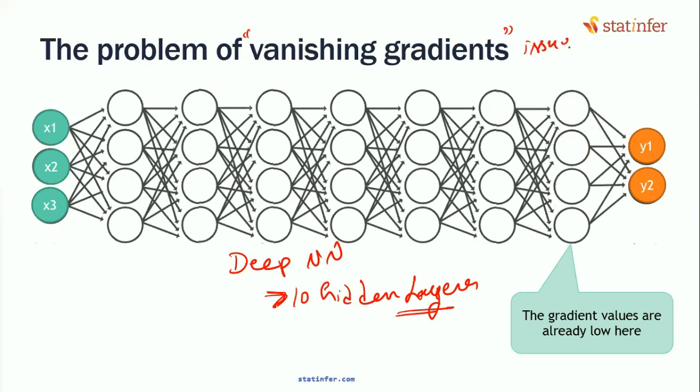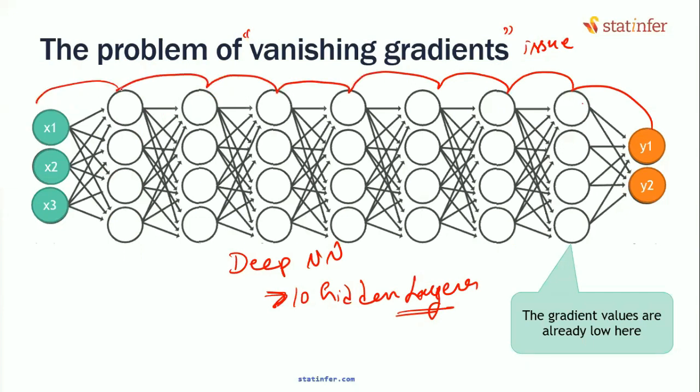What is vanishing gradients issue? Near the output layer, the gradients will be very less, or the partial derivatives will be very less. Then by the time you reach the hidden layer that is close to input layer, the gradients will almost vanish. That means error contributions in the back propagation almost get to zero.